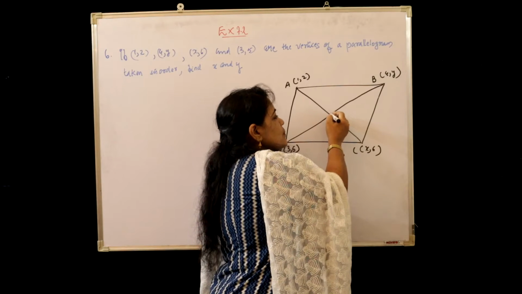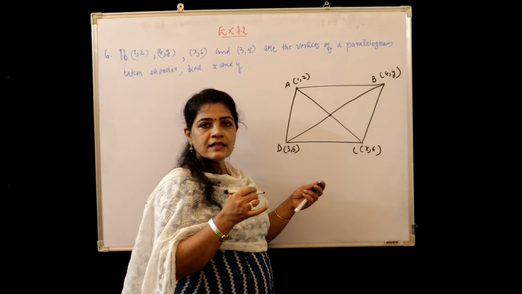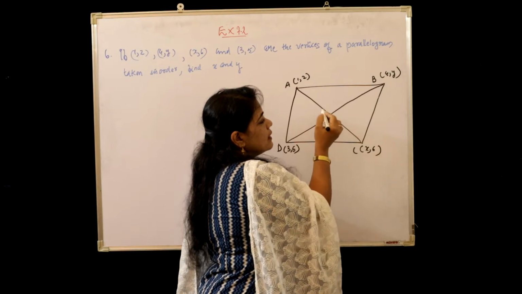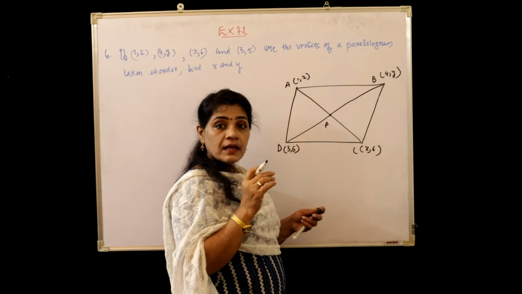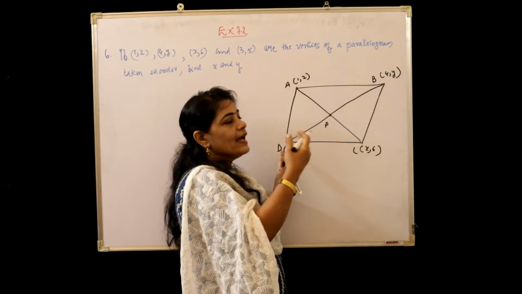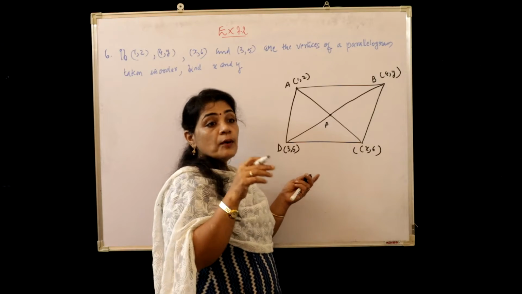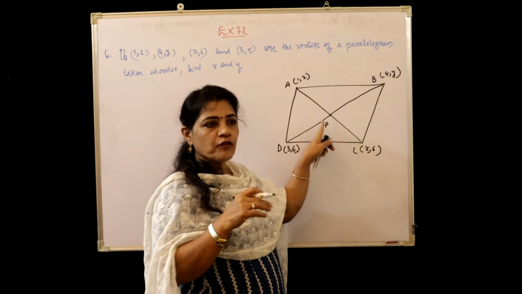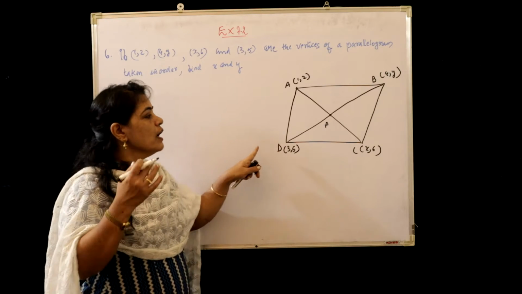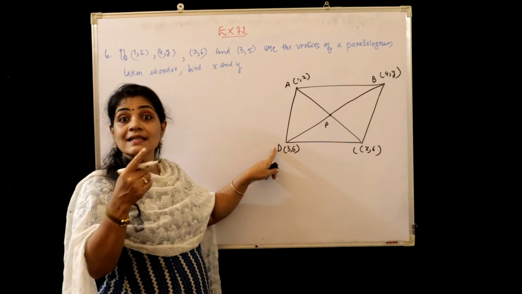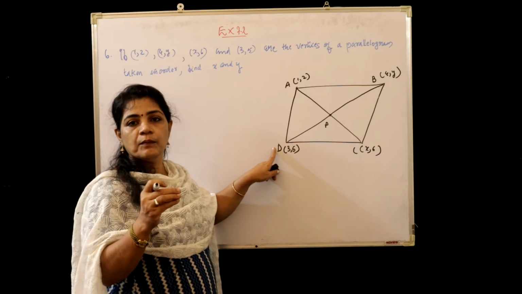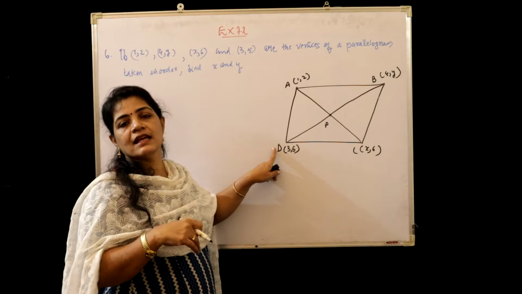Suppose this is the point of intersection of the 2 diagonals, let it be P. This P is a common point of AC and BD, and P is the midpoint of AC and also the midpoint of BD. That means P is the midpoint of both diagonals AC and BD.